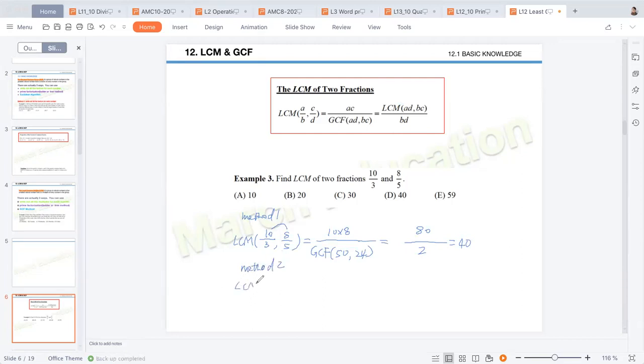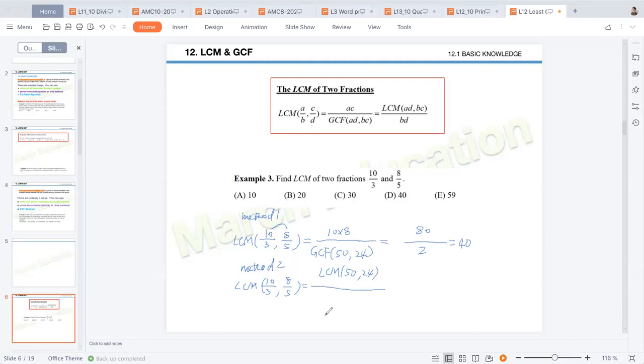Least common multiple of 10/3 and 8/5. Firstly, I must find the least common multiple of 10 and 8, and the denominator is the multiple of the denominators.